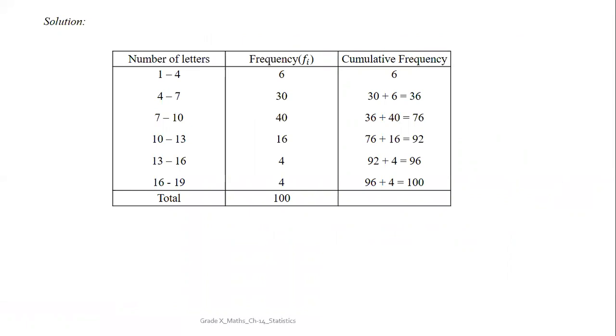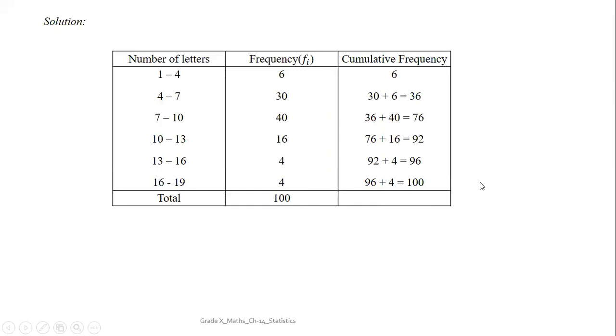So first would be 6, and next we will add them: 30 plus 6, 36, 36 plus 40, 76, 76 plus 16, 92, 92 plus 4, 96, 96 plus 4, 100. Finally, we got the total frequency over here.